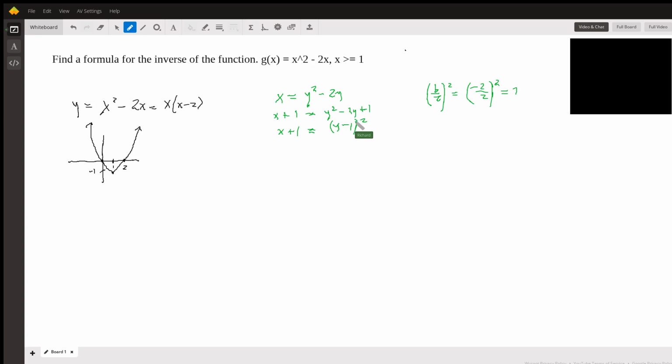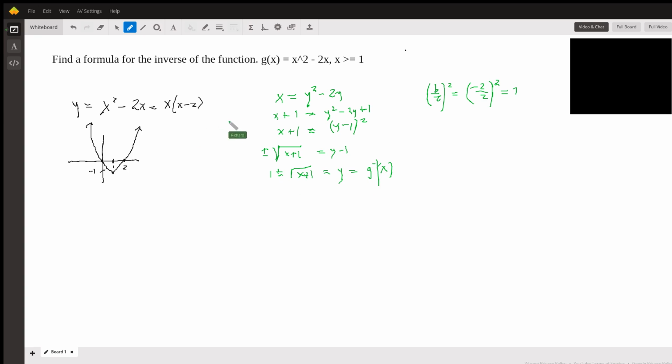And then we'll take the square root of x plus 1. And so our final answer is y is equal to 1 plus or minus the square root of x plus 1. And that's what we'll call g inverse of x.